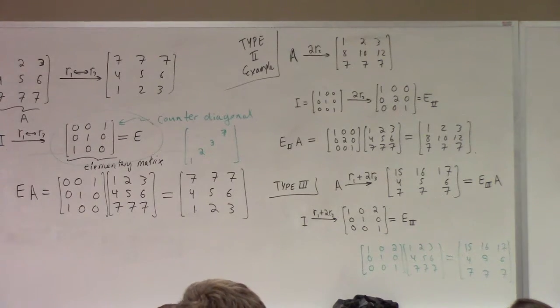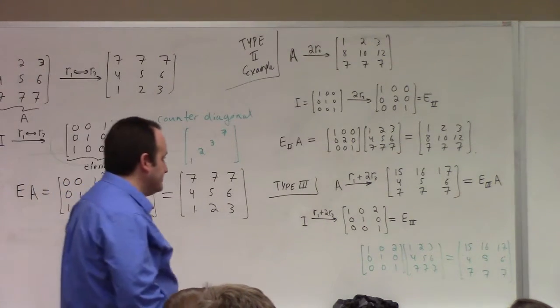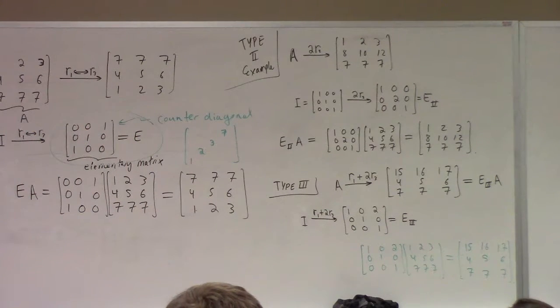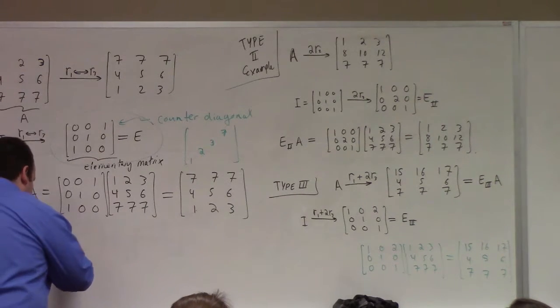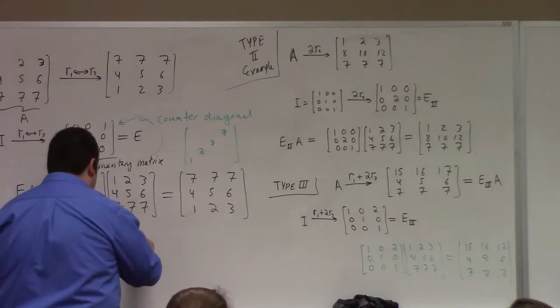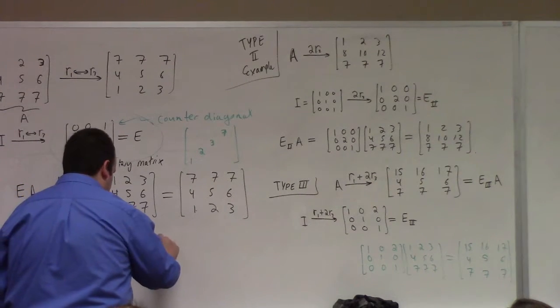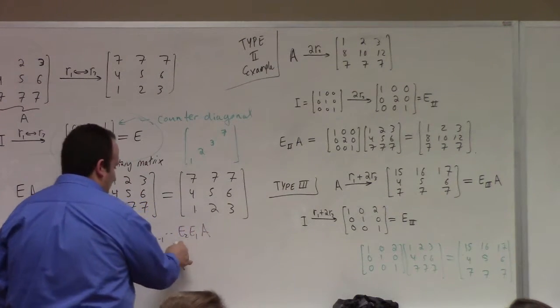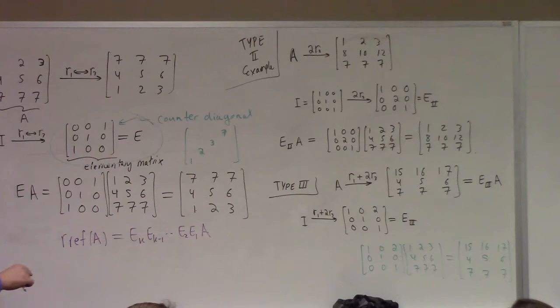But yeah. Can I add elementary matrices? Not add, but like use them to do 2 operations at the same time, like a row swap and a multiplication. Very, very good question. So in fact, if we look at the reduced row echelon form of A, what it's going to be is E_k, up to E2 times E1 times A, where these are the elementary matrices corresponding to the k row operations that achieve the Gauss-Jordan elimination.